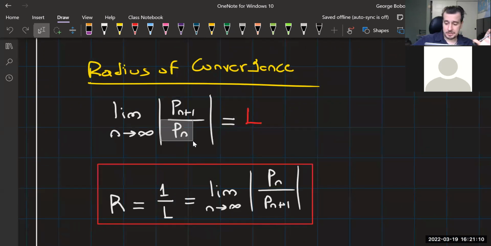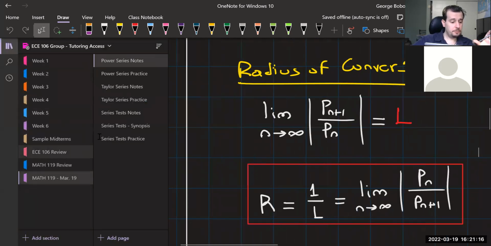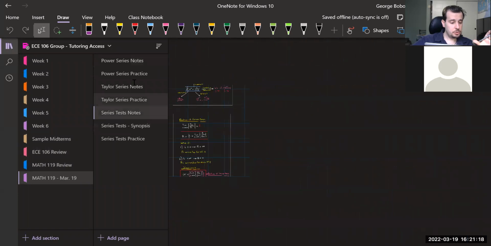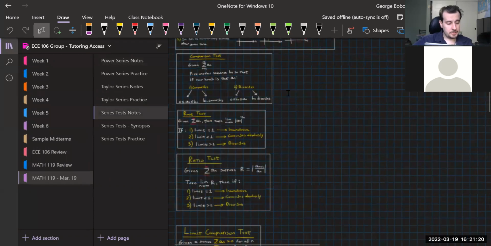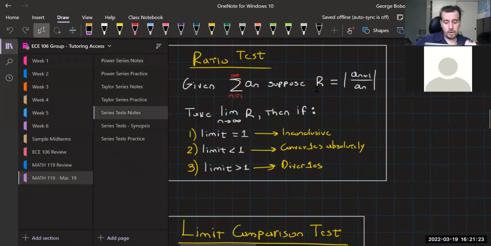So we want this to converge to some value L. And if you remember from the notes here, let me show you on the ratio test, 1 sec. When you do the ratio test, for me, these were P's on that note, but whatever, it means the same thing. When you do the ratio test and take this limit, watch what happens.